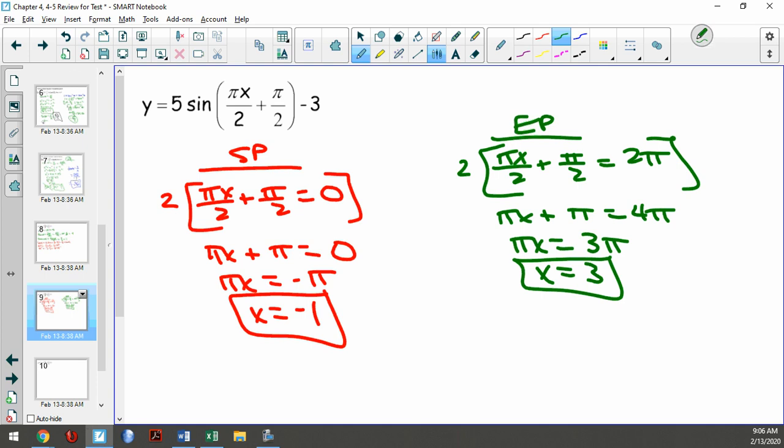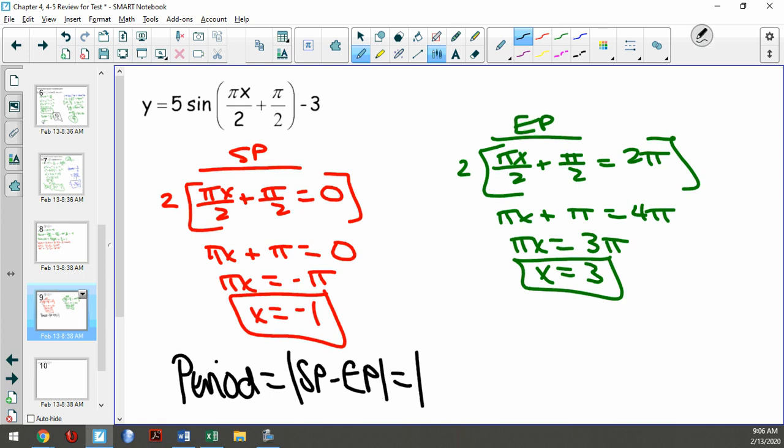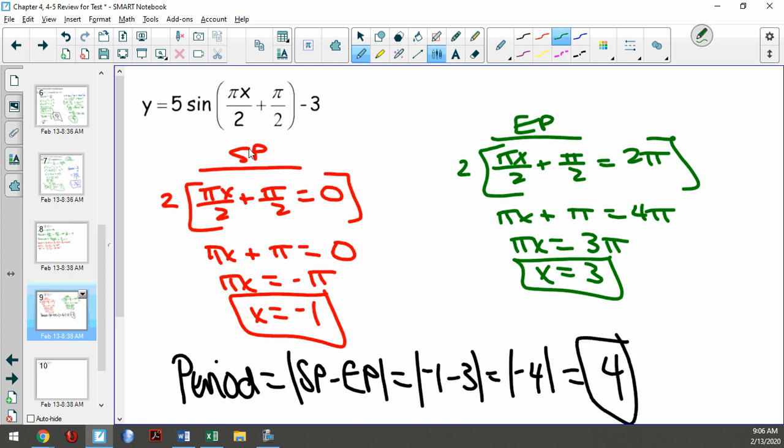How do I determine if what I did was accurate? All I have to do to check this is to know that my period better equal my starting point minus my ending point. So that's going to be negative 1 minus 3, which is negative 4, and the absolute value of negative 4 is 4. And that is my period. So what I've done is correct.